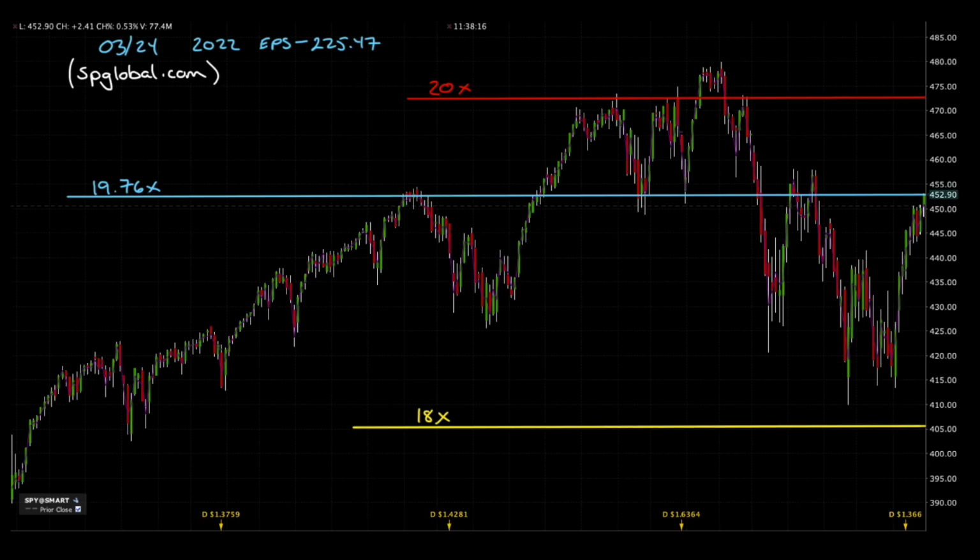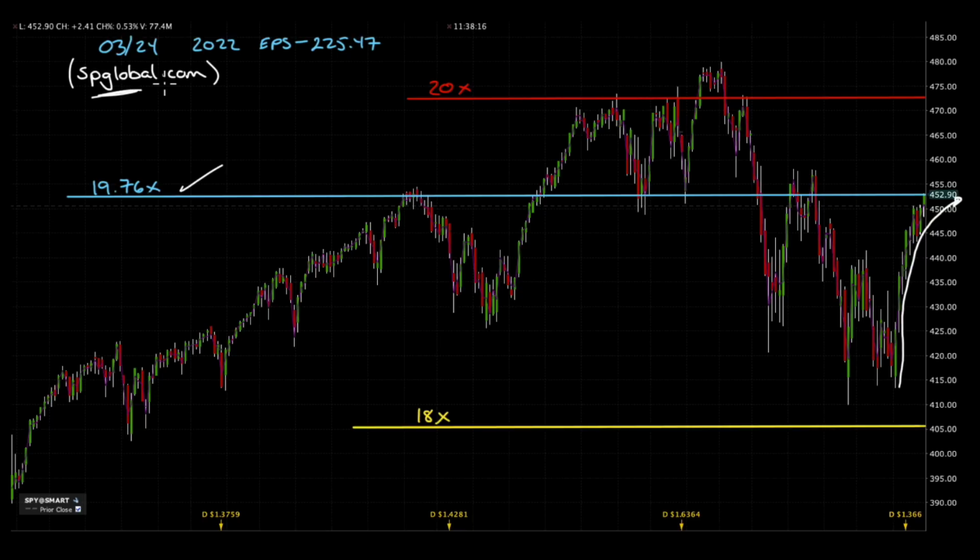Okay, here is the S&P 500 over the last year. Here's our last 2 weeks of performance right up to there. What I'm calling a necessity rally, or a lack of alternative rally, as opposed to an intentional rally. At this level, we are trading at 19.76 times forward earnings.